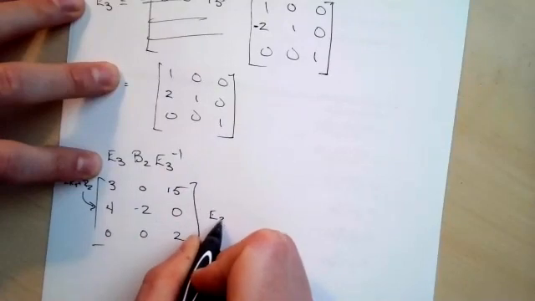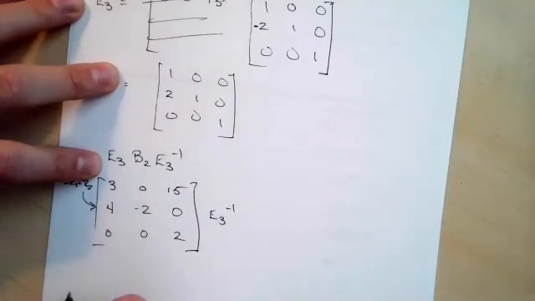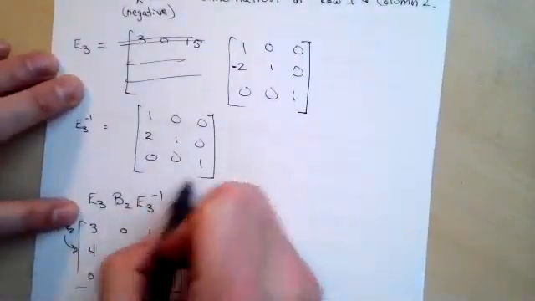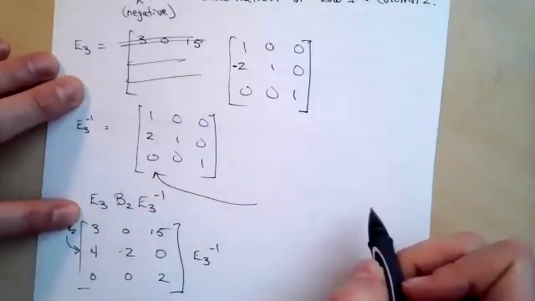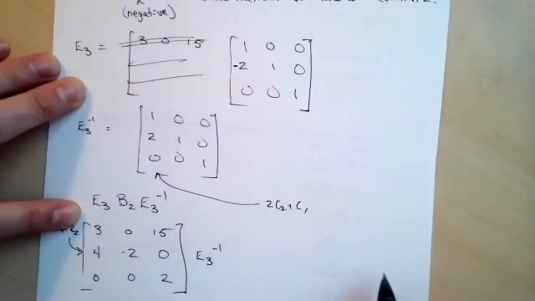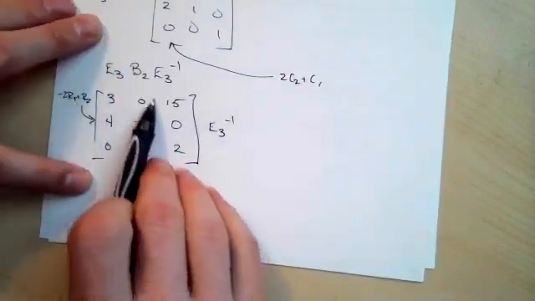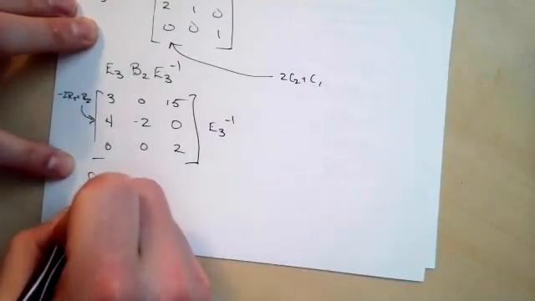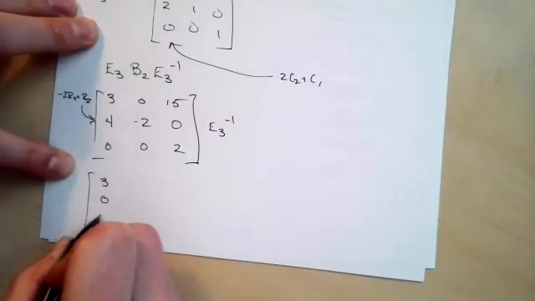Still need to do E3 inverse. And what is E3 inverse going to do? This was 2 column 2 plus column 1. So now from here, let's take 2 times column 2, add it to column 1. So we'll have a 3, that'll give us a 0 there.